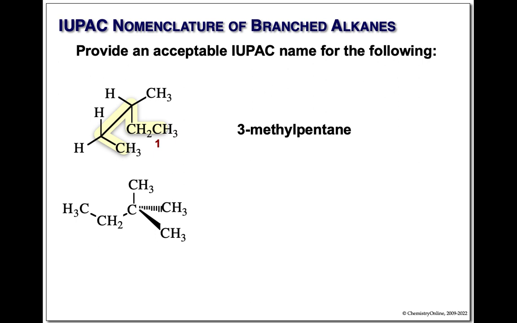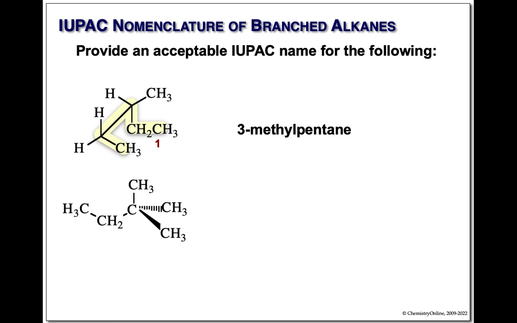Look at this guy and come up with the longest chain. These little dash bonds and the bold bond here are meant to show the stereochemistry. What this says is that this methyl group is pointing back, this one is coming towards you.